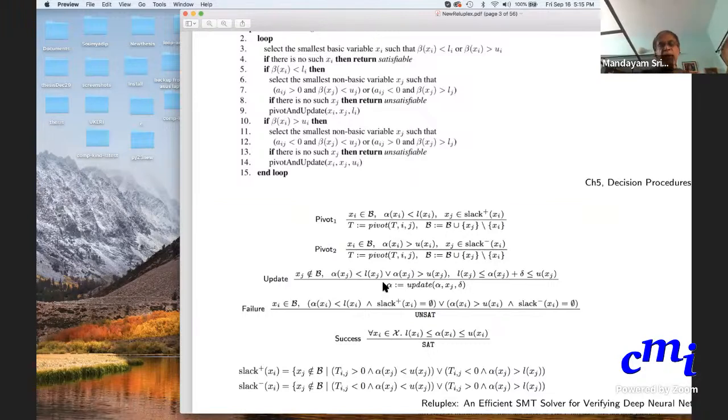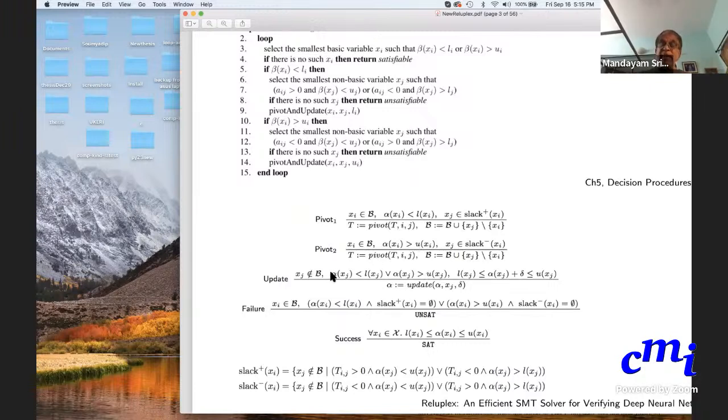After that, the update operation updates all the variables in the non-basic set. The one that just now entered will obviously be set to its lower or upper bound.